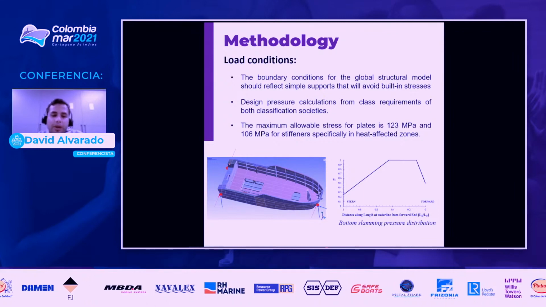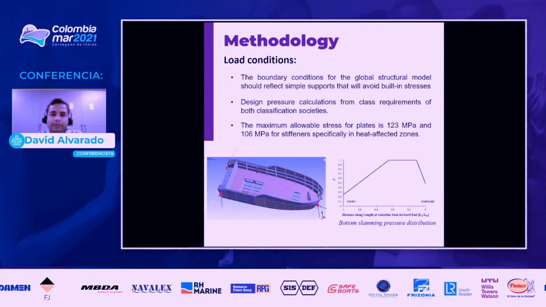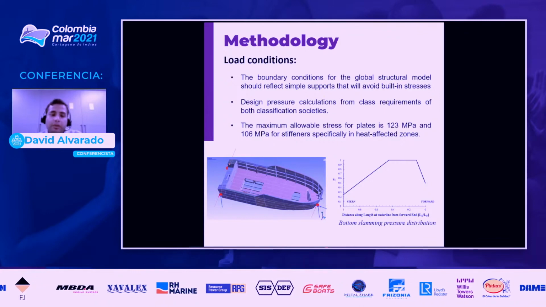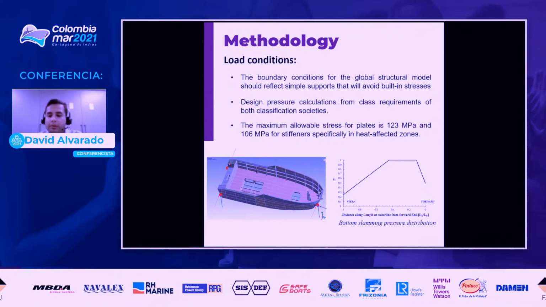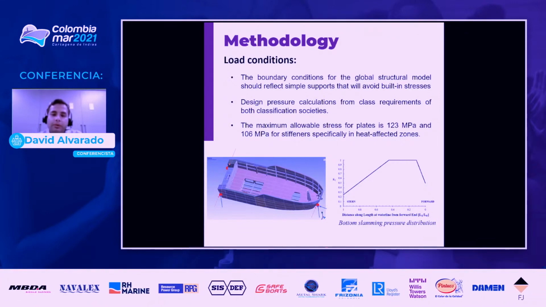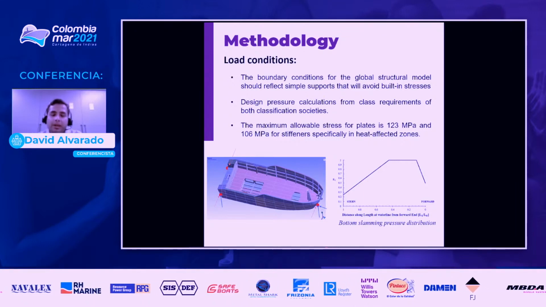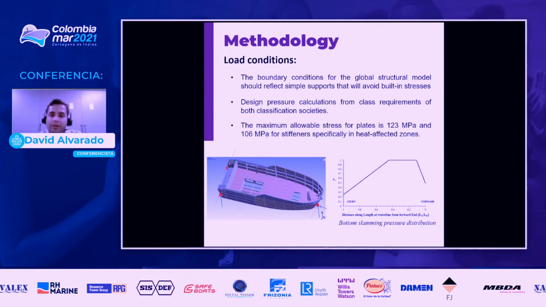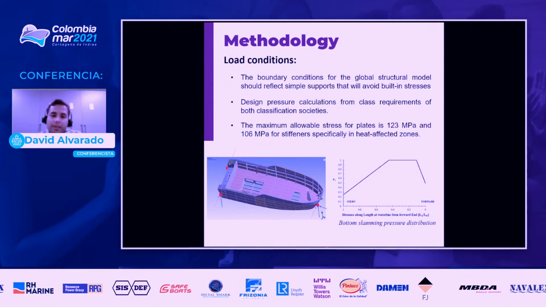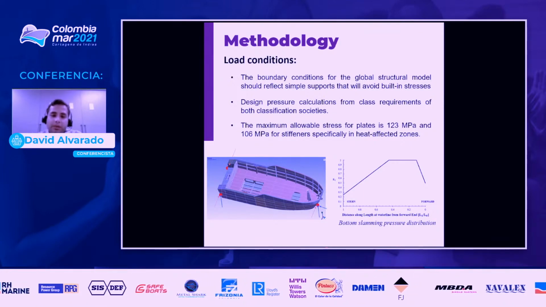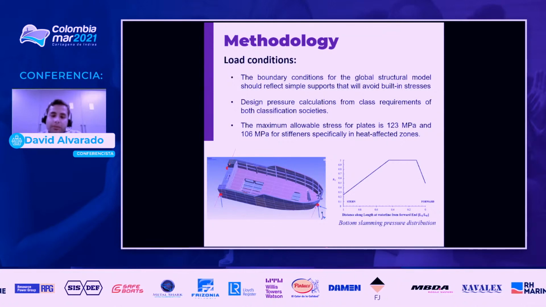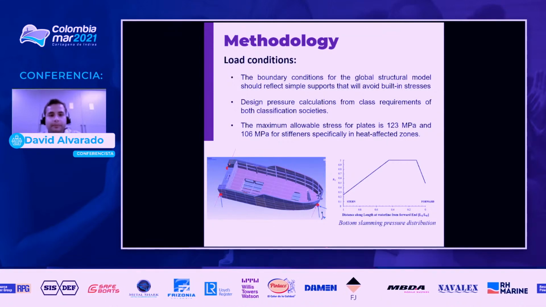We also included the deck, side, bulkhead, and mirror pressures. Now, as we saw before, for the effect of aluminum on the model, we can see that for the plates, there is a yield stress of 123 megapascals, and for the profiles, 106 megapascals in the regions affected by temperature.